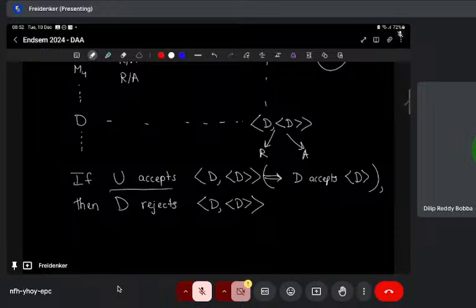If U accepts D comma description of D, then we know its meaning. The meaning there is D accepts the description of D. Here I'm saying D rejects D comma description of D. What does this mean? When is D going to reject something?